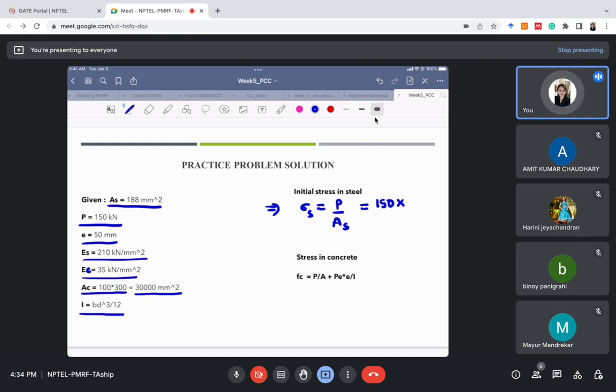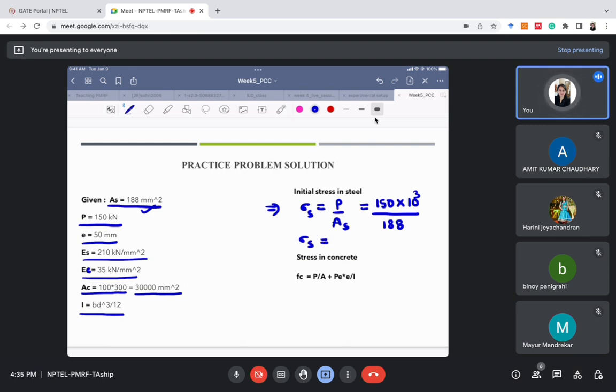I usually personally calculate everything in Newton and square, so 150 into 10 to the power 3, I've converted from kilonewton into Newton. So P divided by the area of steel, which is given to us as 188. So what is the value of initial stress in steel?